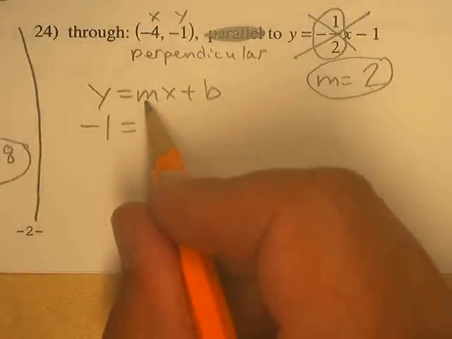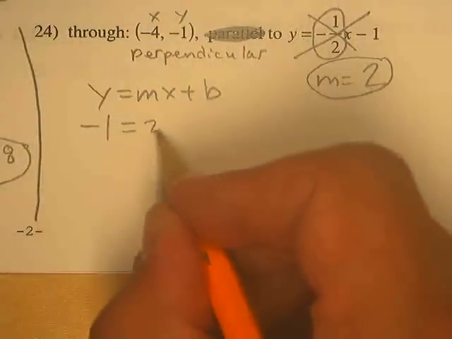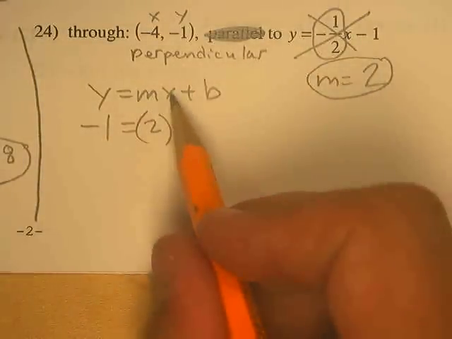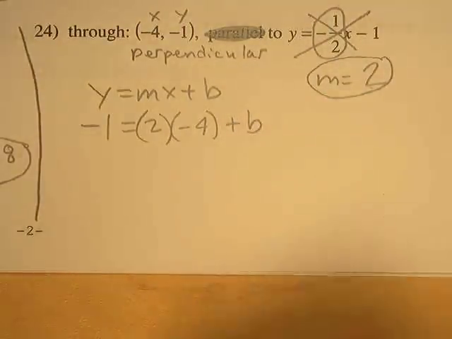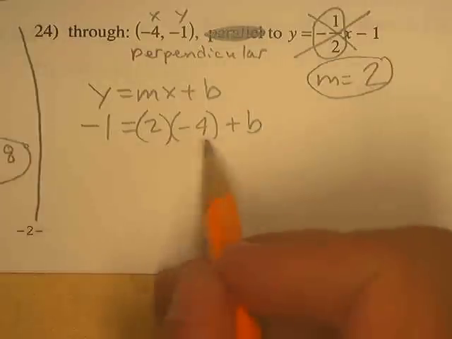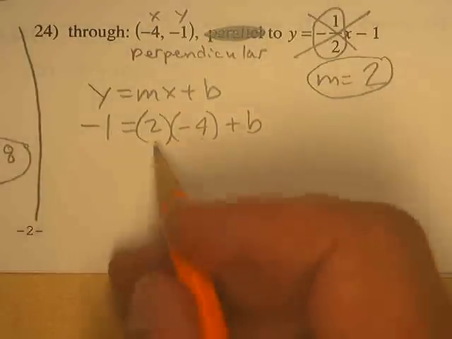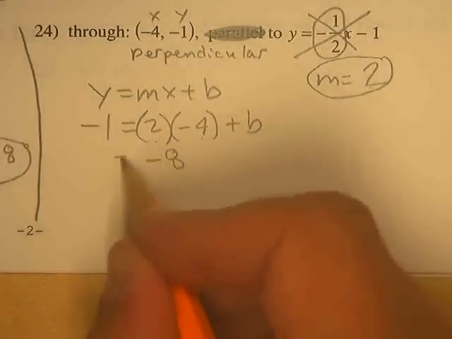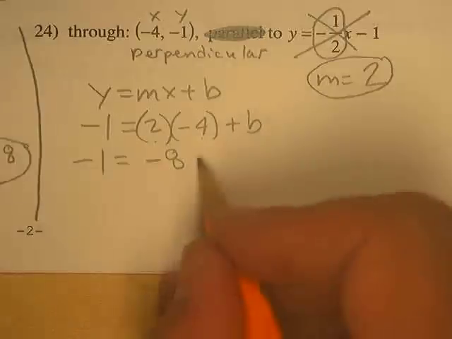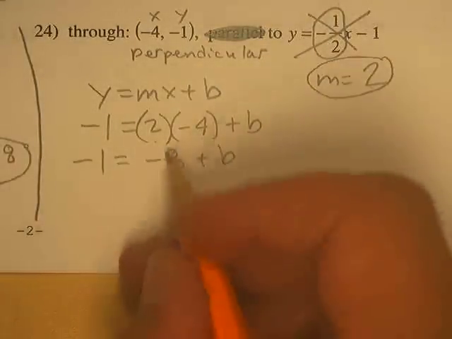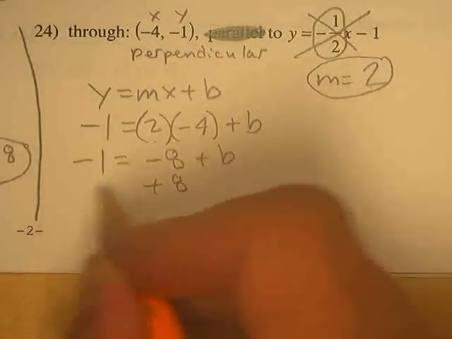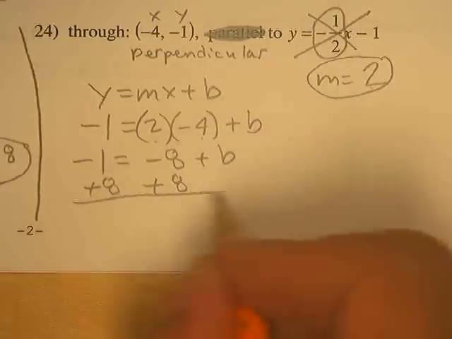So I start off with y equals mx plus b again. I plug in the y, which is negative 1. I plug in the slope, which is 2. Plug in the x, which is negative 4, and plus b. Multiply these two together. 2 times negative 4 is negative 8.